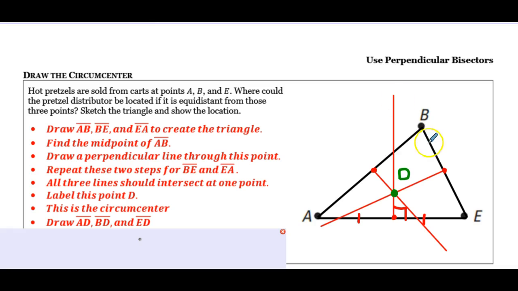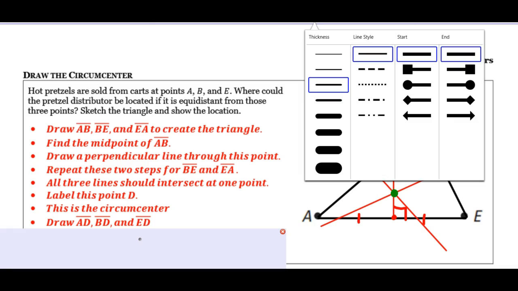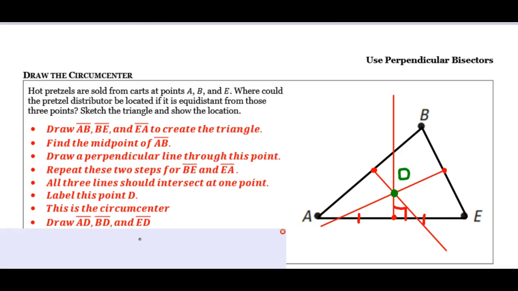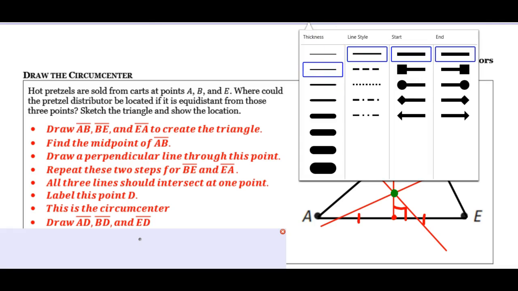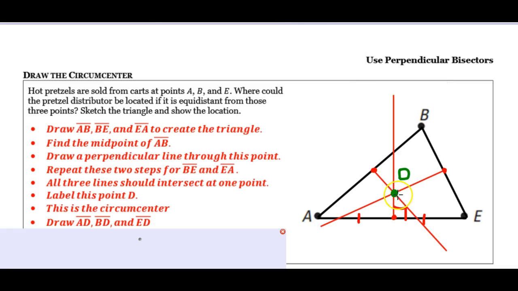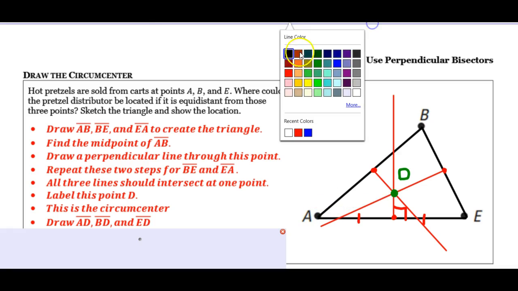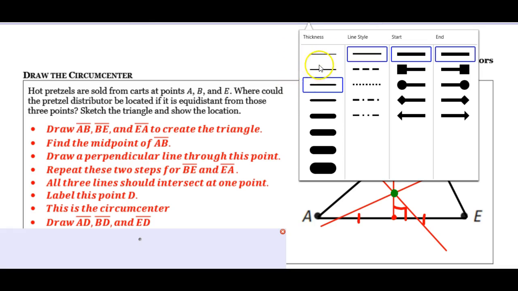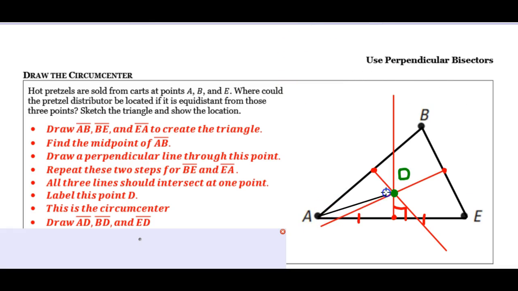But I want to take it a little bit further, and I want to draw the lines AD, BD, and ED.